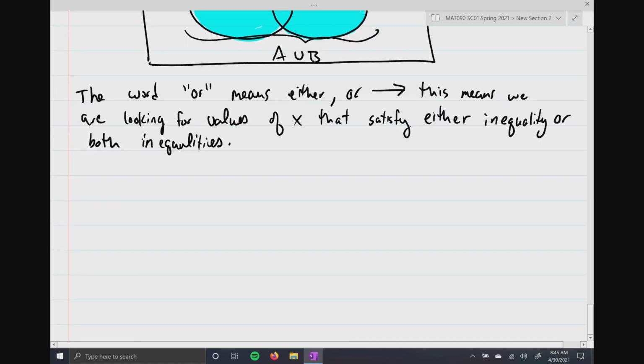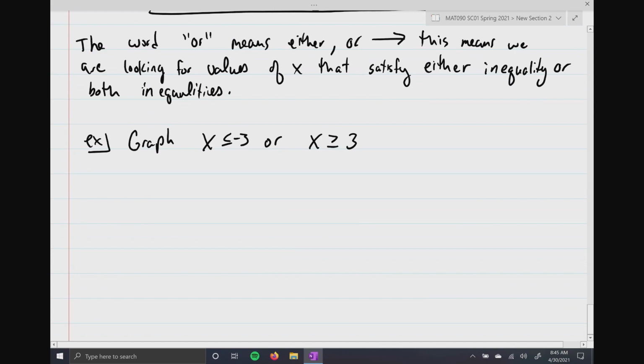And this is one that you would have seen before. We're going to graph x is less than or equal to negative 3, or x is greater than 3.